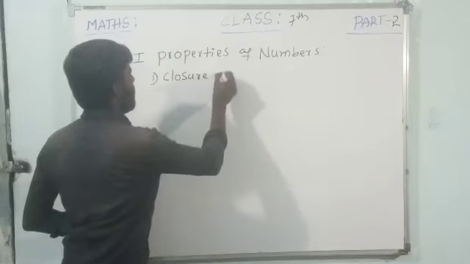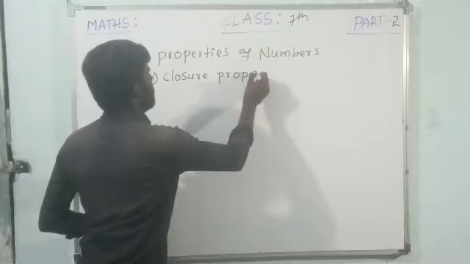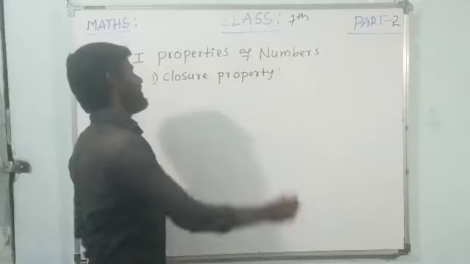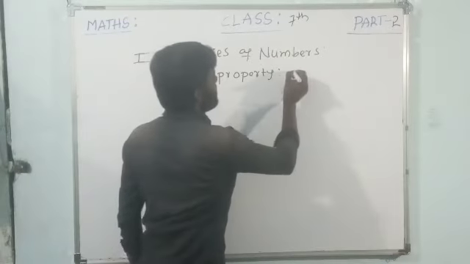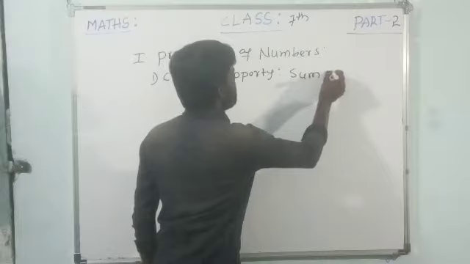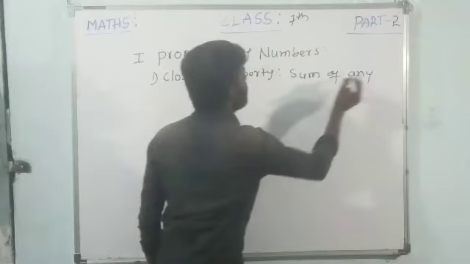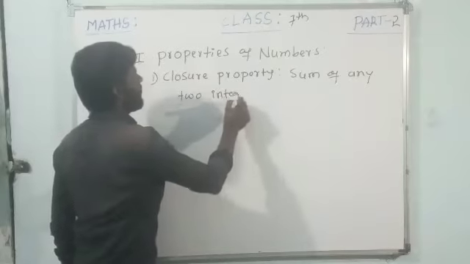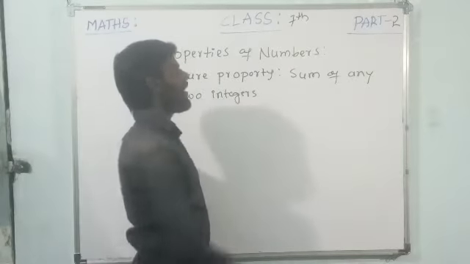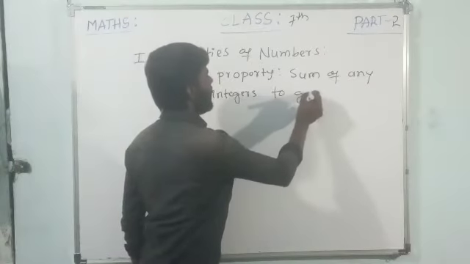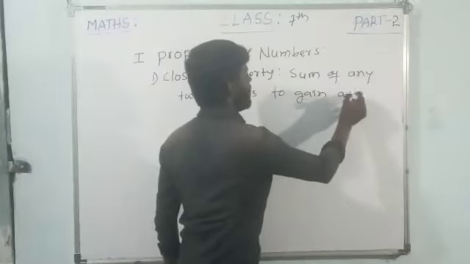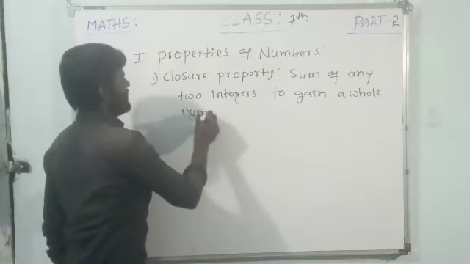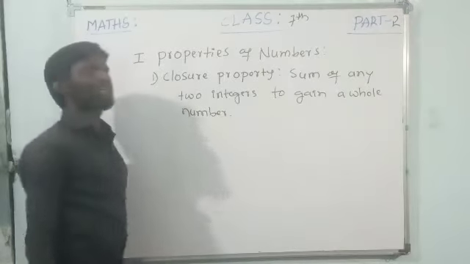If you want to see this closure property, suppose the sum of any two integers gives a whole number. This is the statement of closure property.